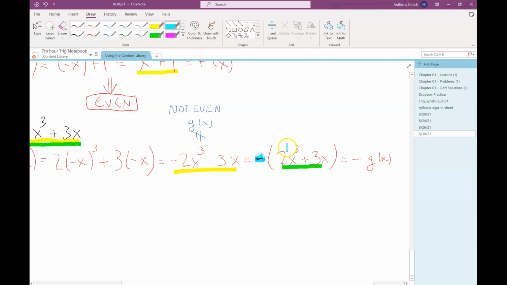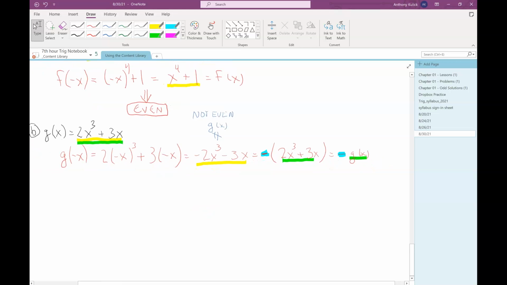I hung on to this negative sign, and then this is still the same as the stuff in green, right? So if I look at the beginning and end now, what do I have? g of negative x is equal to negative g of x. What can I say? It's odd.